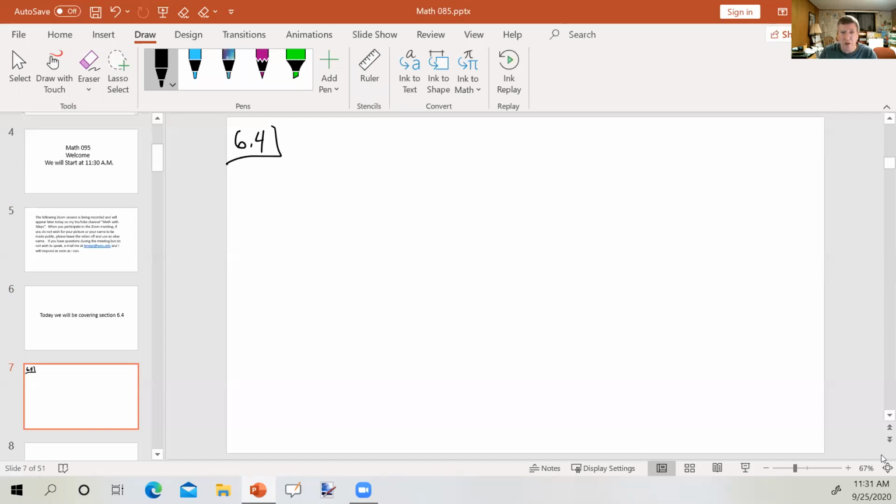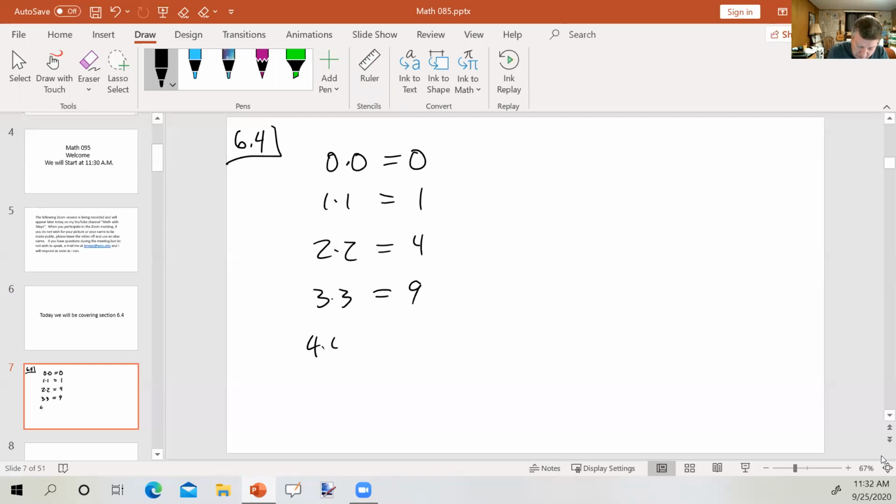And first of all, I want to talk about, or maybe hopefully remind you, what a perfect square is. 0 times 0 equals 0. 1 times 1 equals 1. 2 times 2 equals 4. 3 times 3 equals 9. 4 times 4 equals 16, etc. These numbers are perfect squares, meaning that they have two identical factors.